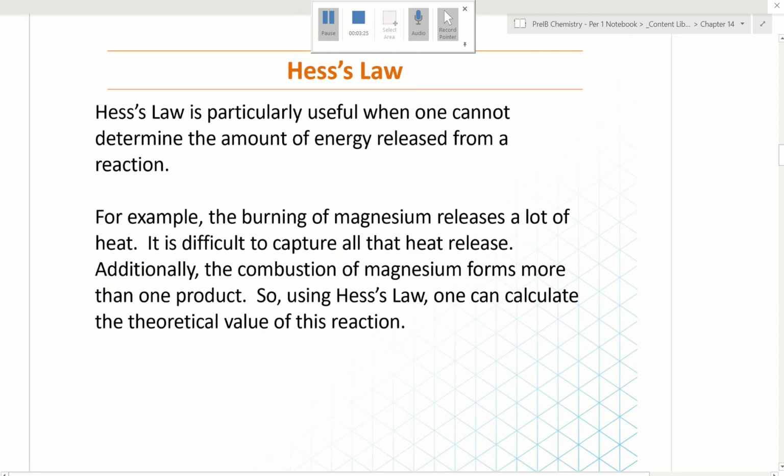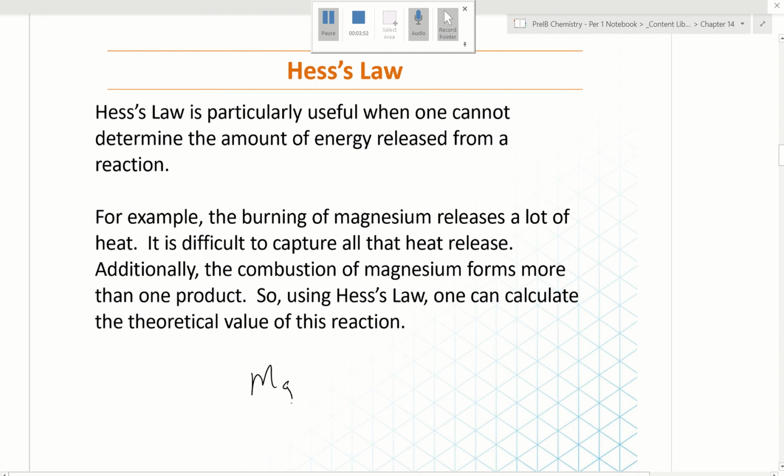Now, Hess's Law is particularly useful when we can't determine the amount of energy released from a chemical reaction. For example, you've seen the burning of magnesium in the lab. When I burnt that magnesium, I said, don't look right at it. It's so bright, it'll hurt your eyes. Well, that reaction releases so much heat so fast and so violently, it's impossible to tell exactly how much heat is released from the burning of that magnesium.